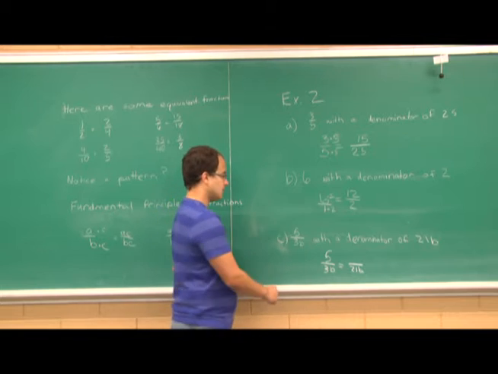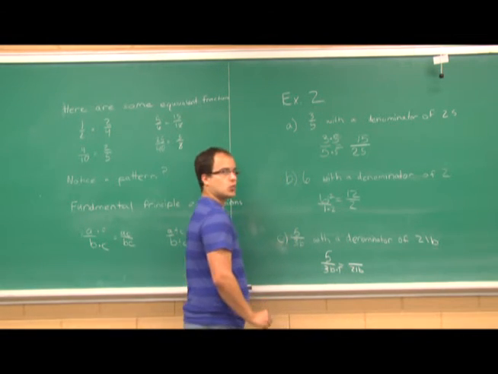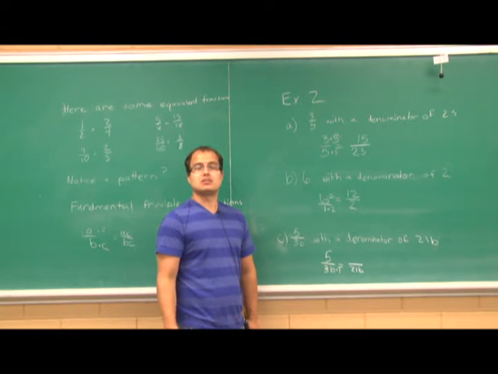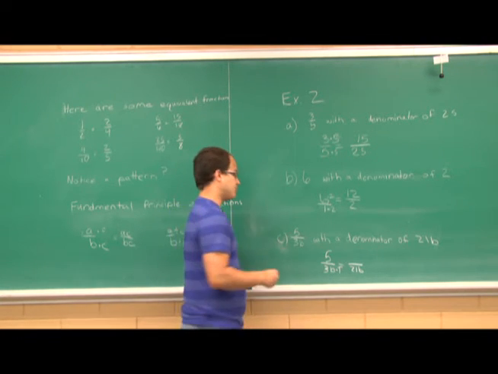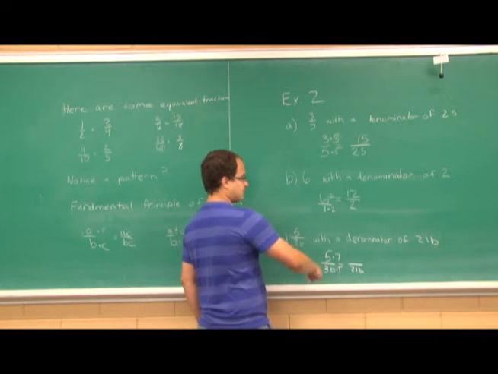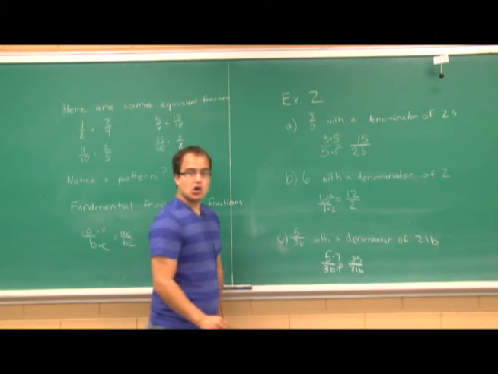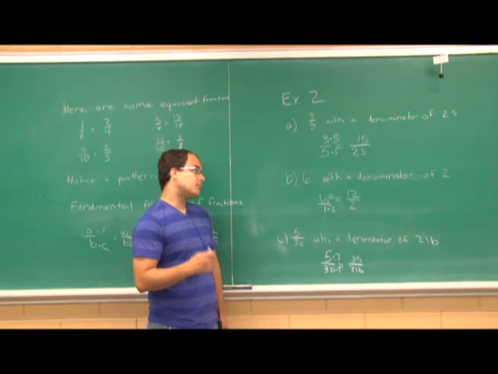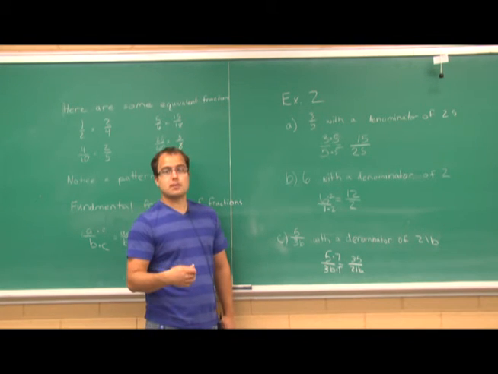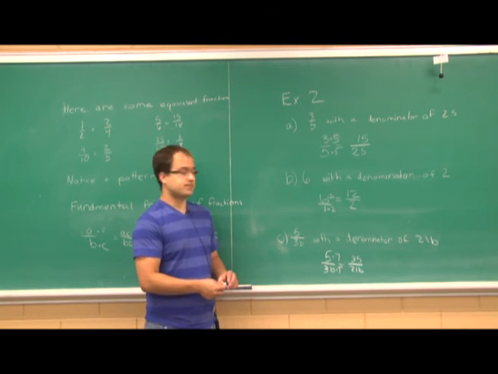Well, 3 times 7 is 21, which means I have to multiply the 5 by 7. And 5 times 7 is 35. So 5 over 3b with a denominator of 21b is equal to 35 over 21b.